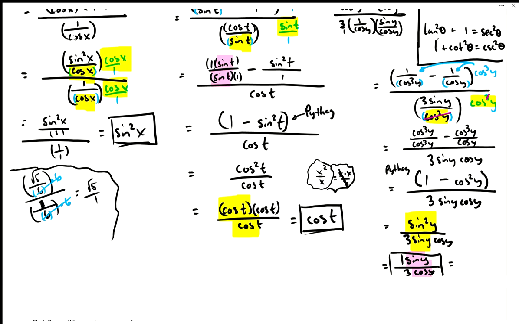There is a 1 with the sine of y. So this would be 1/3 and then tangent of y. Or tangent of y over 3. Okay, so those are 3 different ways to write the same thing for a final answer.